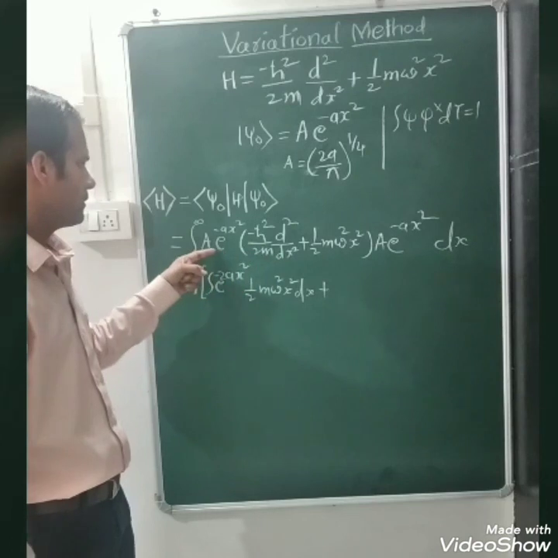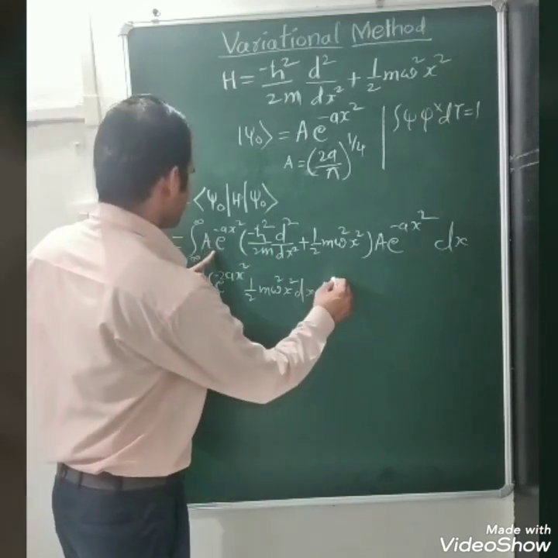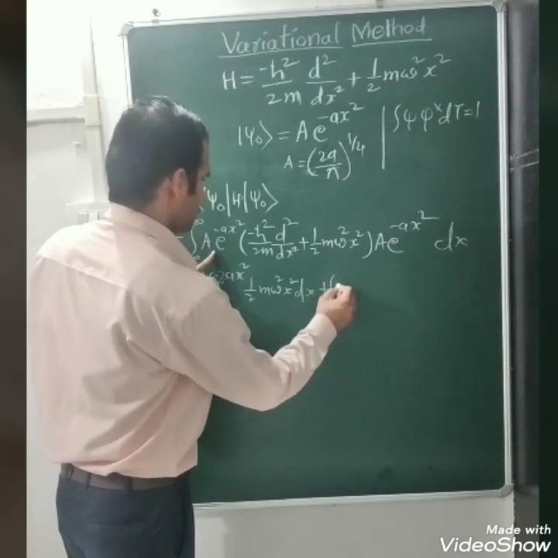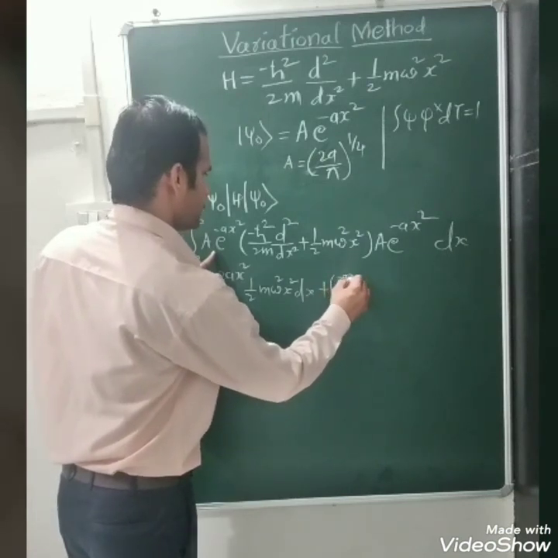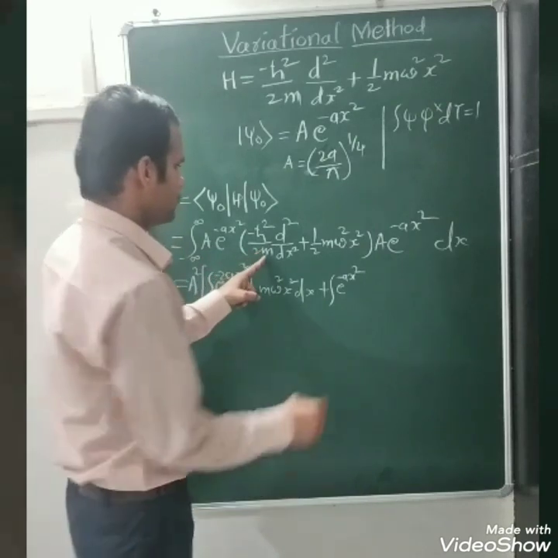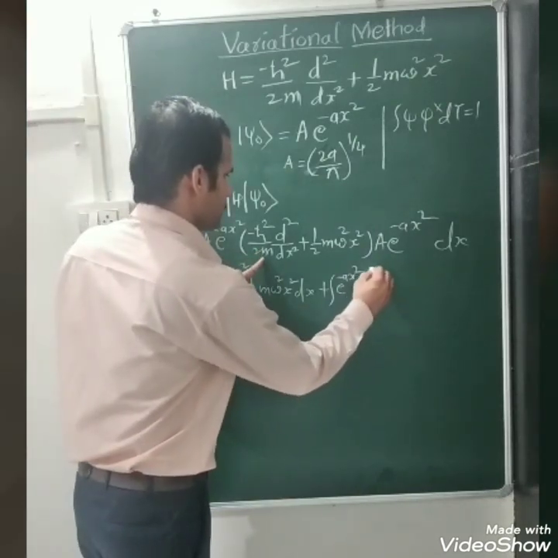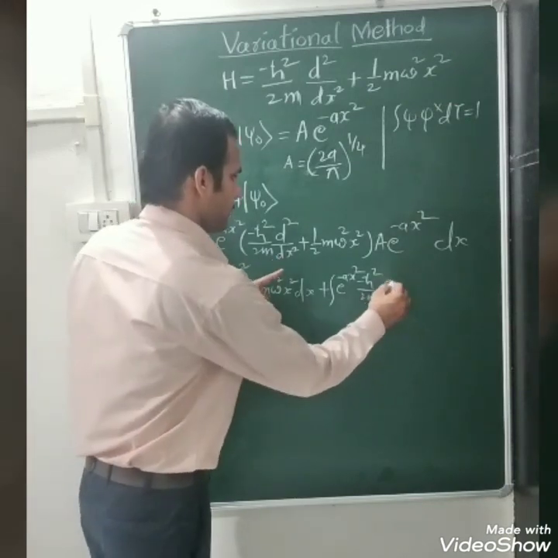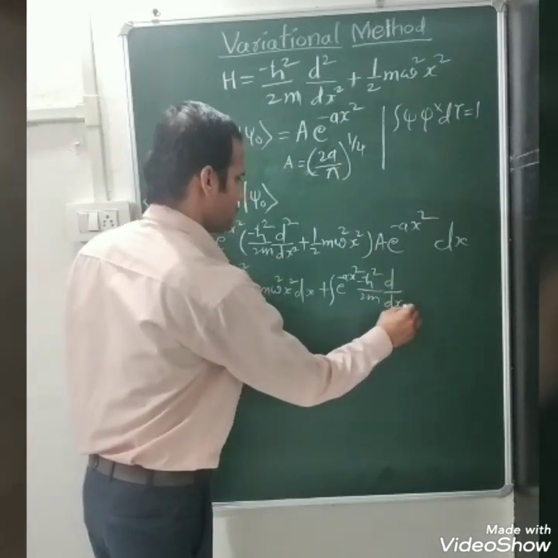now this term I will write here, the integration of e raised to minus a x square into minus h cross square by twice m and d by dx.